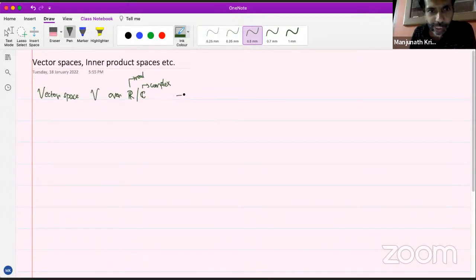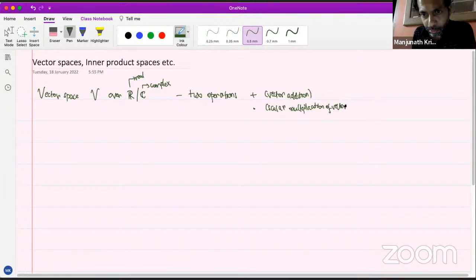So what is it? There are two operations. As I said, I'm not going to write the full definitions. One is vector addition, and another is scalar multiplication of vectors. I'll just write a dot, but we rarely even write the dot.